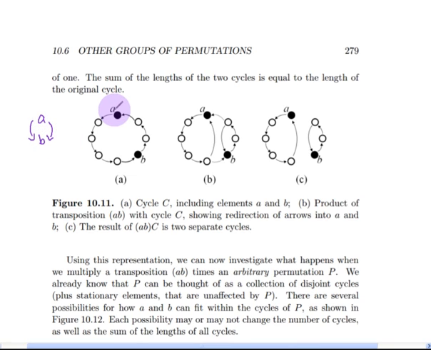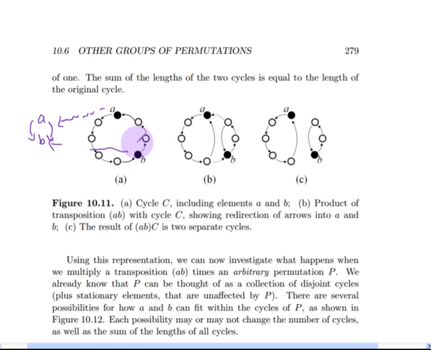What's going to happen? Well, think about, for instance, what happens to the element here. According to what we've shown before, this element will go to here, but then when I take this over here, it goes to the element B. On the other hand, what does this element go to? Well, this element is going to go to B, and then when I go over here, the B is going to go to A. So you can see what I've done essentially is I've cut the permutation in 2, and then I've spliced up the 2 halves.